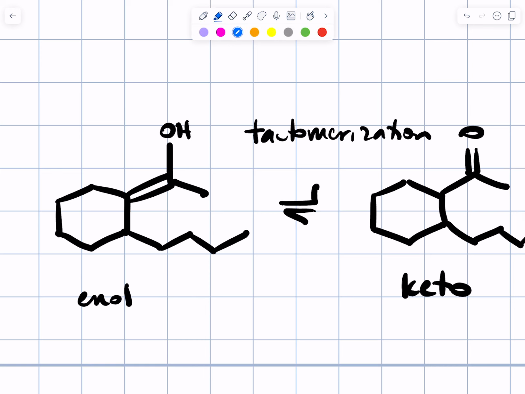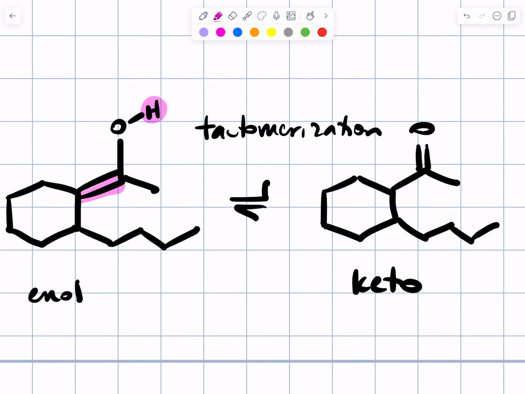In the enol form, you have a bond between oxygen and hydrogen, and then you have a pi bond between carbonyl carbon and alpha carbon. In the keto form, you have a bond between carbon and hydrogen, and a pi bond between oxygen and carbon.